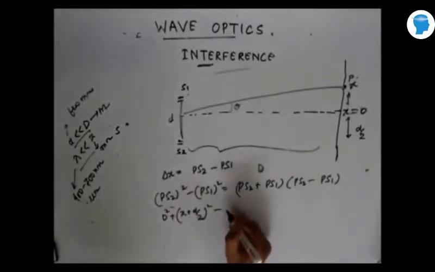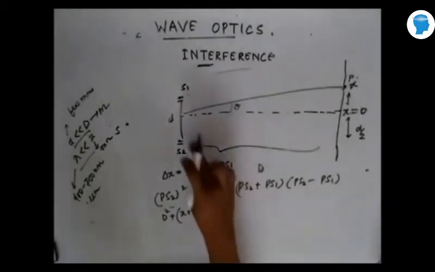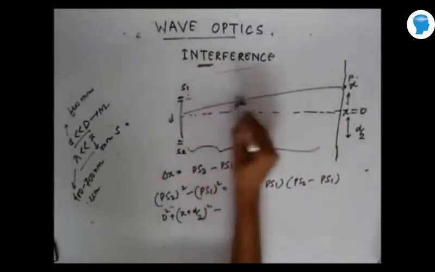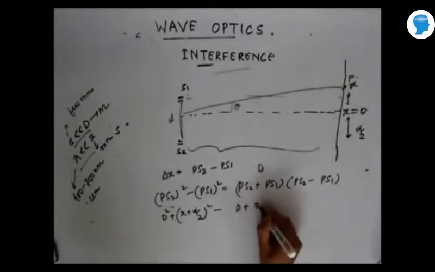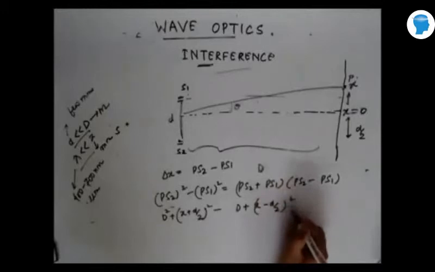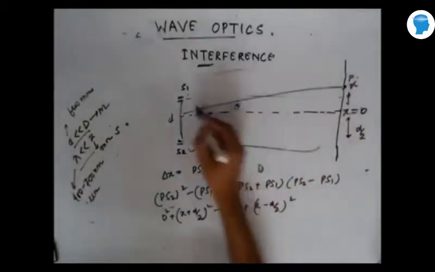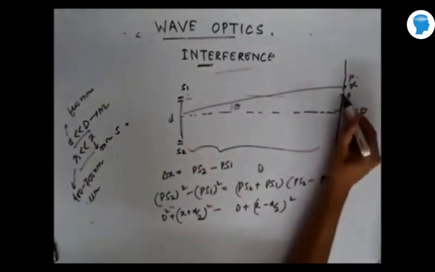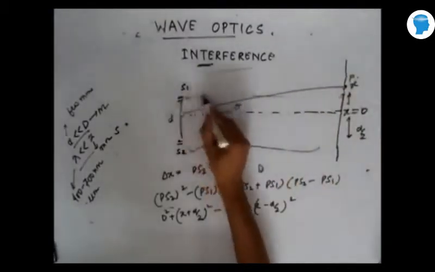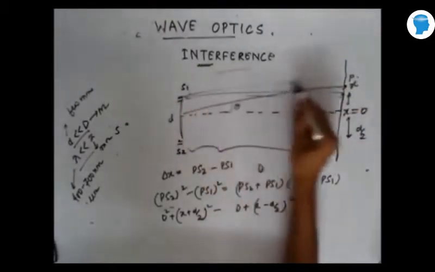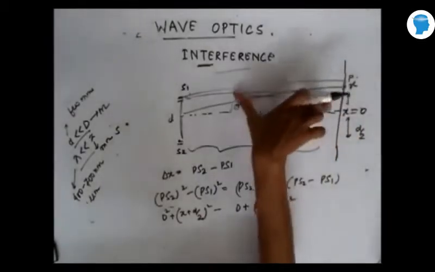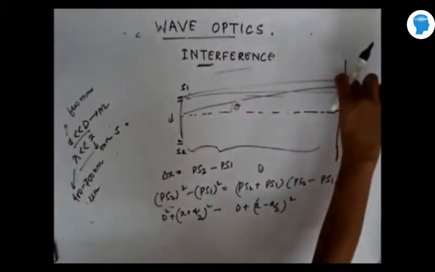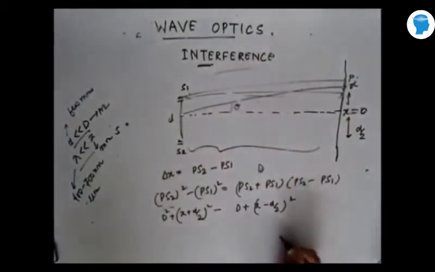PS1 squared is what? From here, it's D squared plus (x minus d by 2) whole squared. This distance is x, this distance still here is d by 2. So in this small triangle, D squared plus this small distance x minus d by 2 whole squared is this distance.